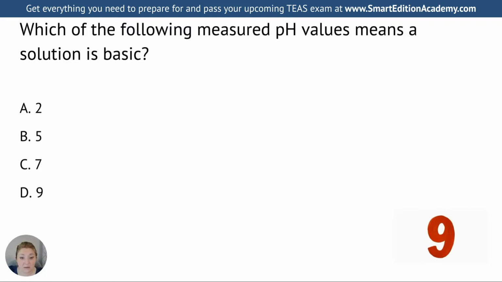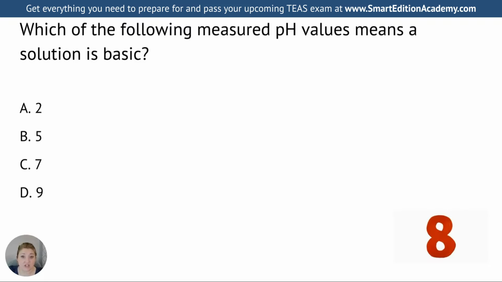Which of the following measured pH values means the solution is basic? So if you had these 4 different solutions and you tested the pH of each, you had one with a pH of 2, a 5, a 7, and a 9. Which of these would be the basic solution?